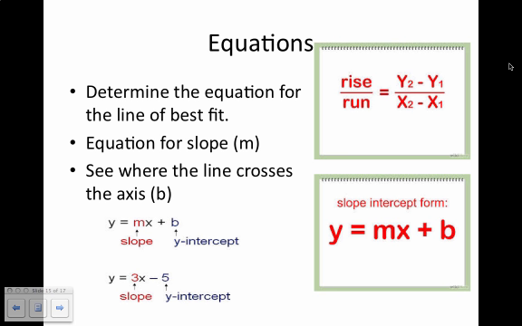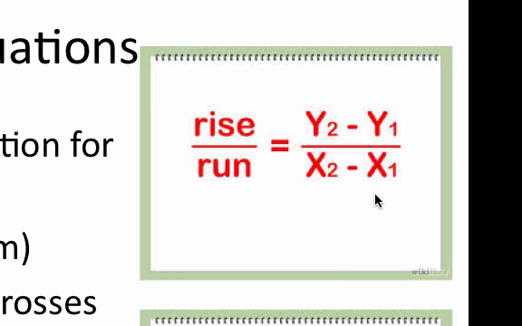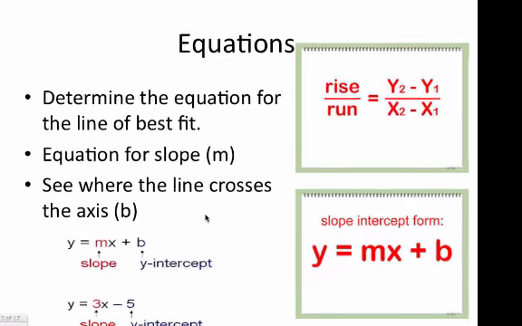In order to find slope, or the label for slope is m, it's rise over run. Pick 2 points. The y point for point 2 minus the y point for point 1 over x2 minus x1 gives you the slope.